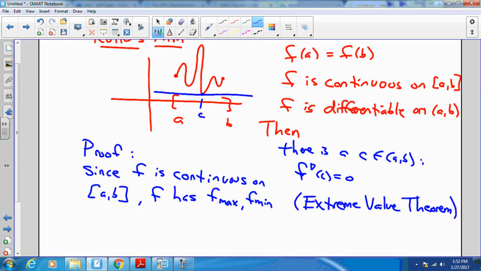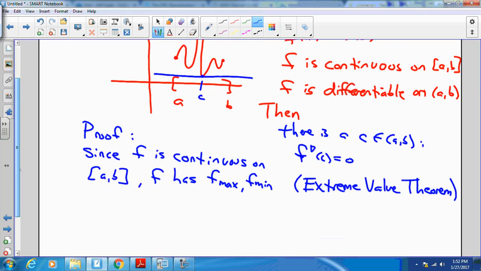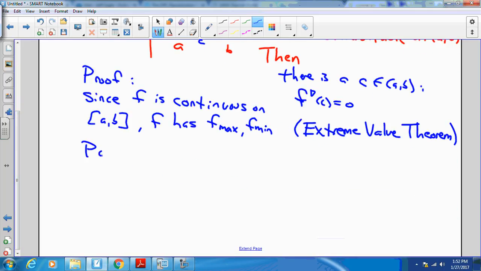So we really have a couple possibilities. One possibility is that both of my max and min occur at the endpoints. And the other possibility is that one of them or both of them occur in the interior. There are only two possibilities.